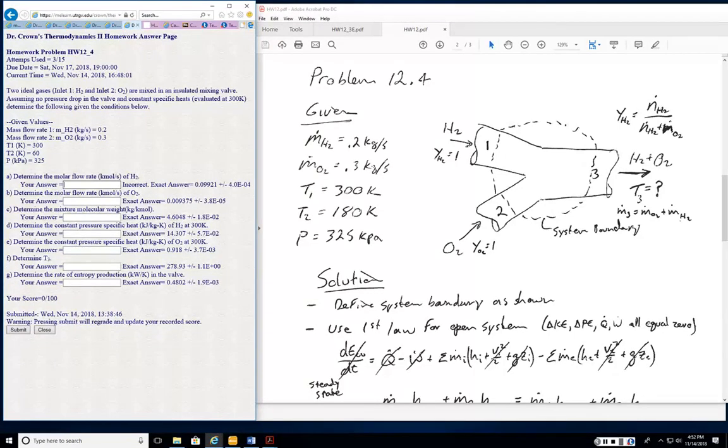So we just take this value divided by the molecular weight for H2, which is 2.016, and we'll get the molar flow rate. So this would be 0.2 divided by 2.016, and then molar flow rate of oxygen, 0.3 divided by 32.